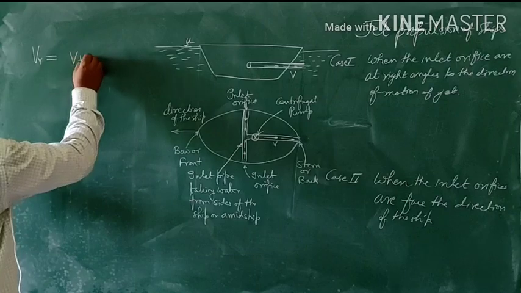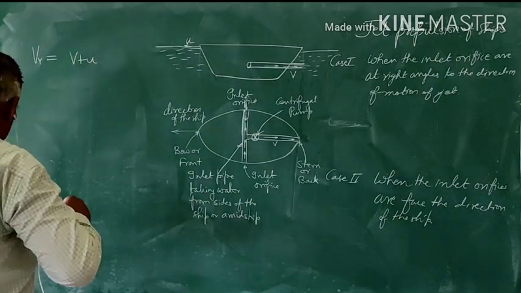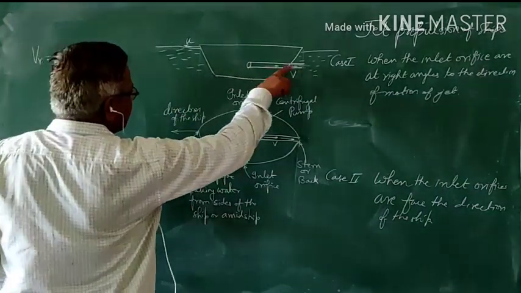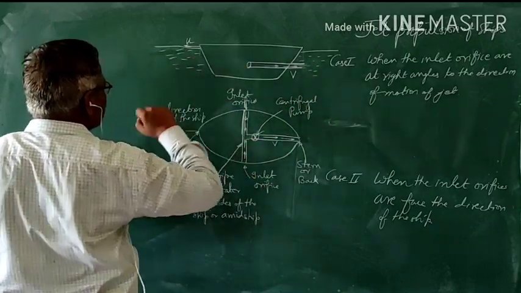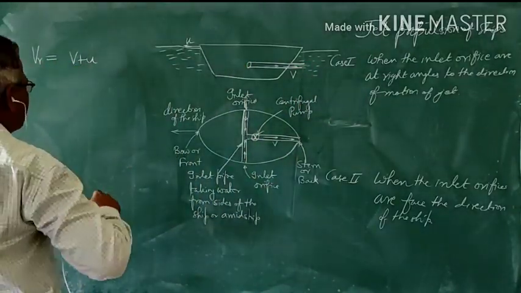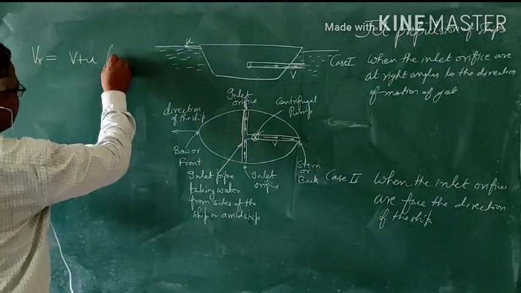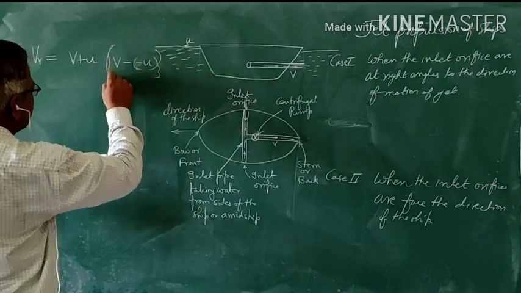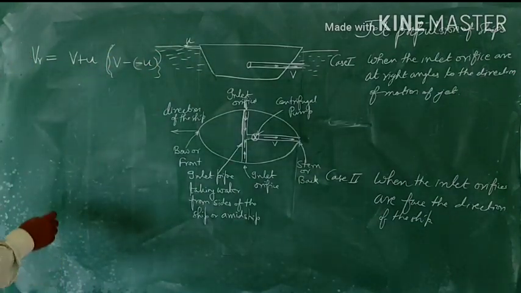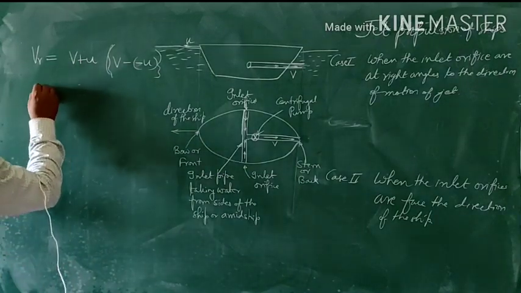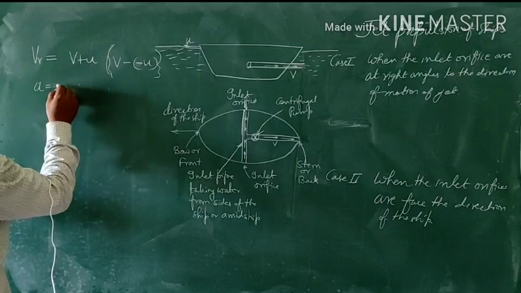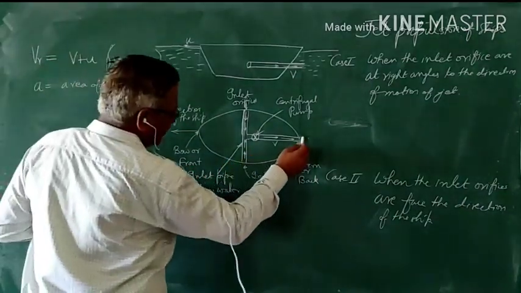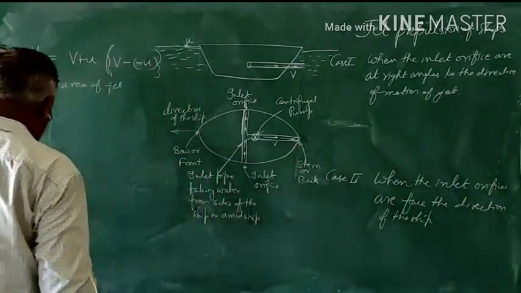It will be equal to V plus U, because the jet is going in the right direction and the ship is moving in the left direction, so it becomes V plus U. Otherwise it would have been V minus U. Then the area of the jet is A.